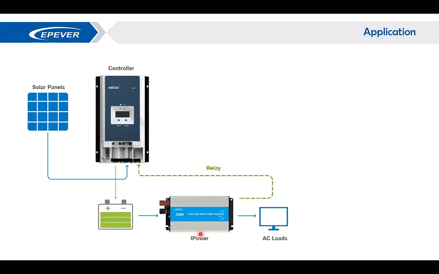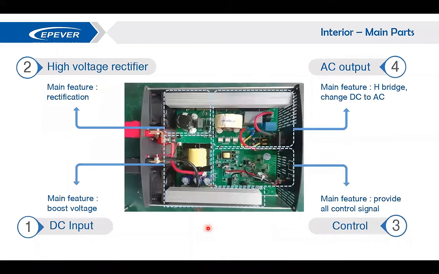And at the same time, the Tracer AN can turn on or off your inverter automatically according to the parameters that you set to the charge controller. And I will introduce you to what those parameters are.